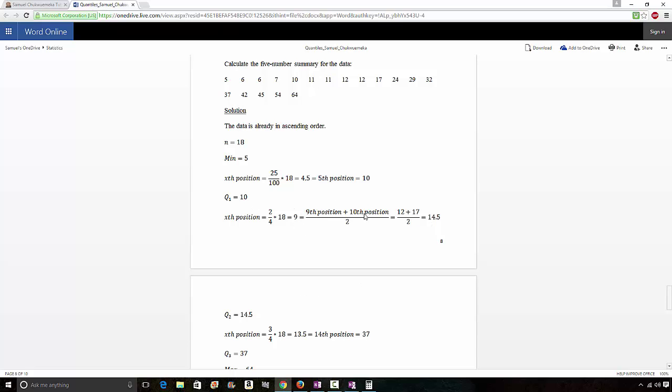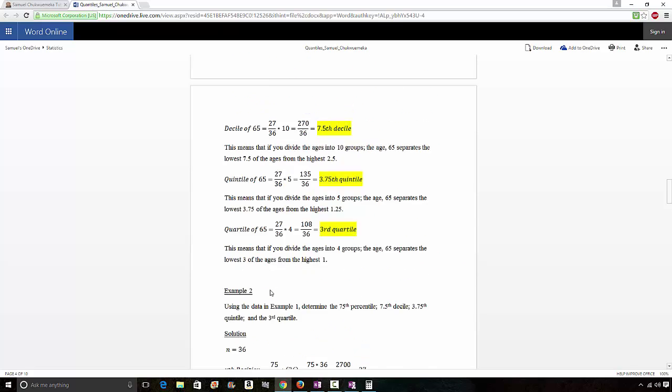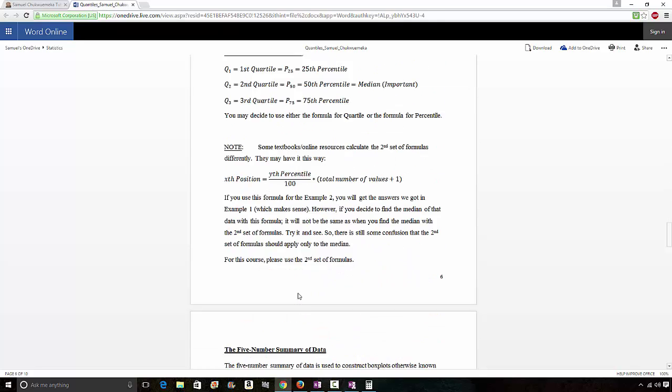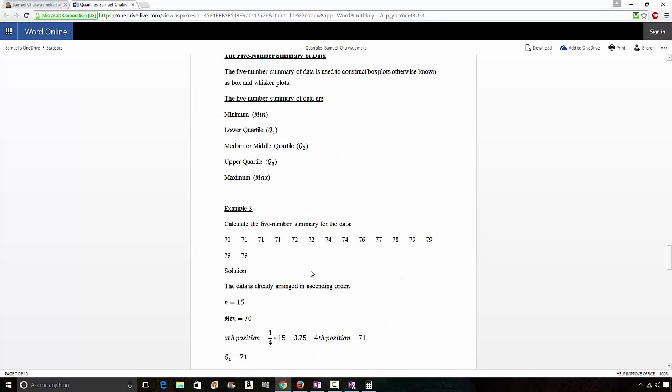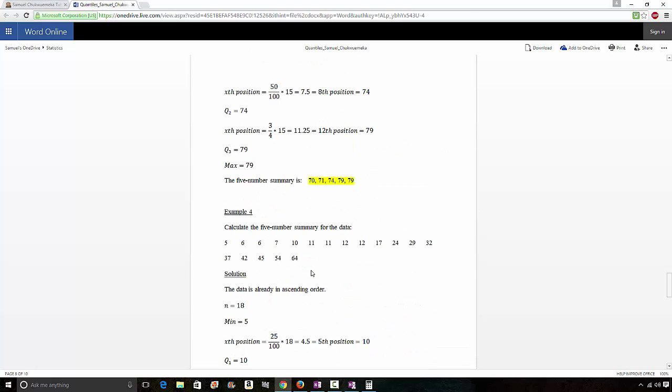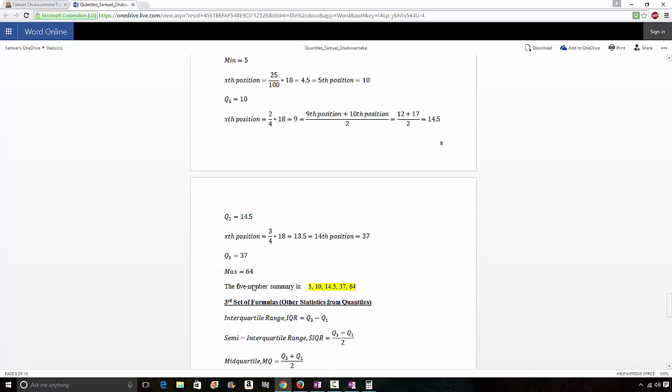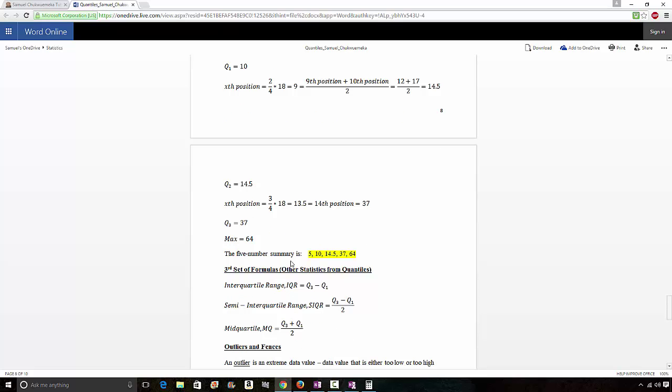We did the 9th and 10th positions because if the x position is an integer, you find the values in that x position and in the x plus 1 position and divide by 2. So we got the 2 values, the first for the 9th and the second for the 10th, and we divided by 2 to give us our median. And Q3 is your third quartile, 3 over 4, or your 75th percentile.